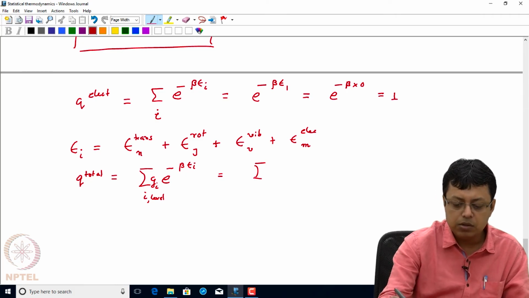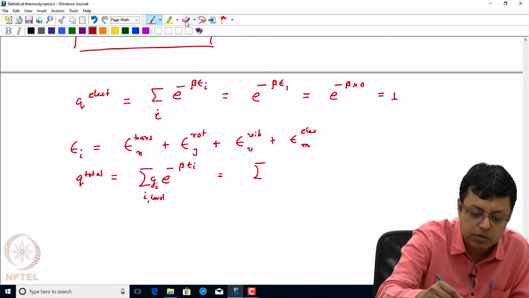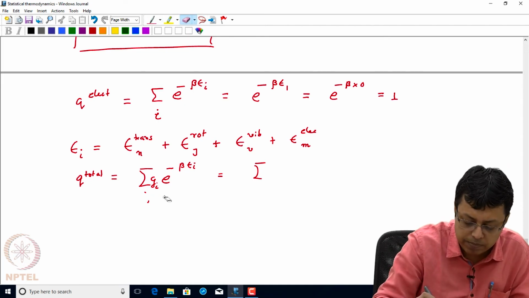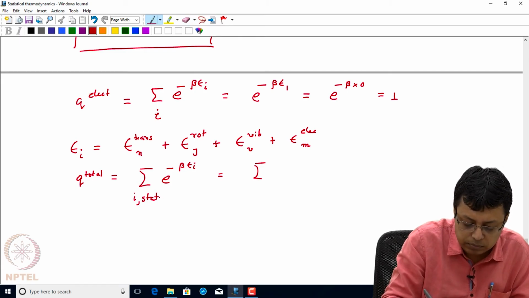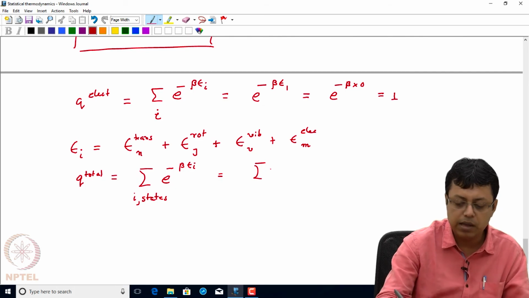We can use the state level here, because we're just talking about the states right now, and then we can convert it into levels.